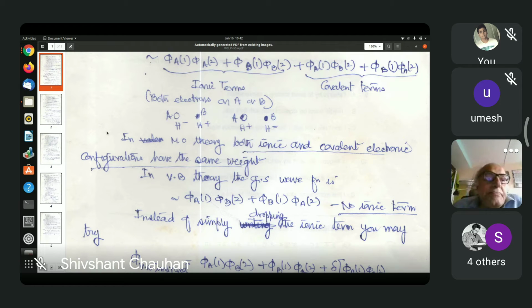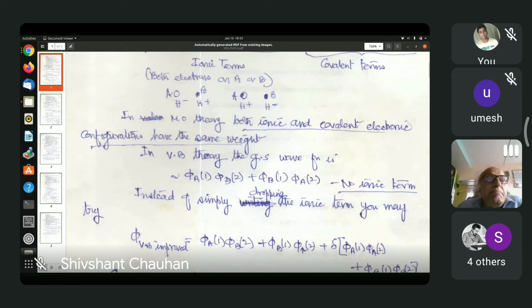However, we are talking of a quantum mechanical system, and in a quantum mechanical system, there can be some possibility that at some time both the electrons may be on nucleus A or both the electrons may be on nucleus B. So there is a certain probability that if you measure the electron cloud density, you will have at some time a strong electronic cloud on A and none on B. But of course, the covalent terms should also be there.